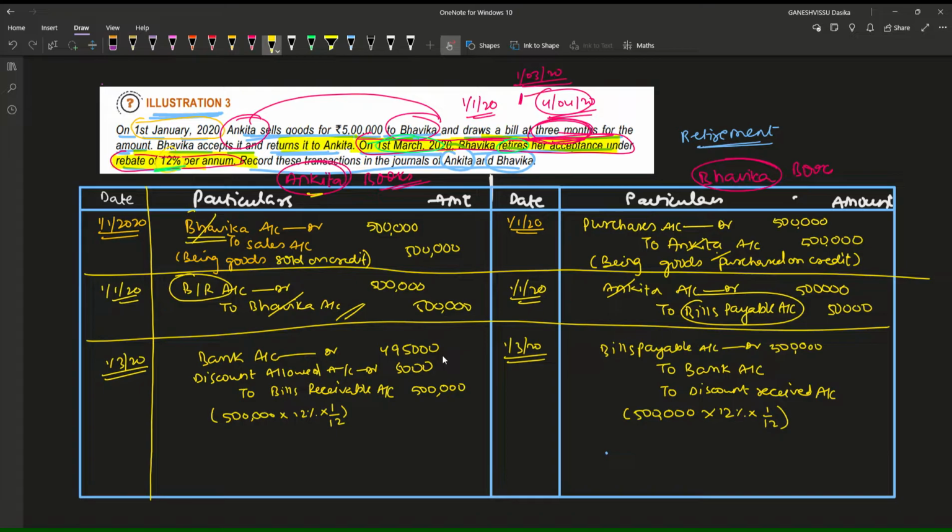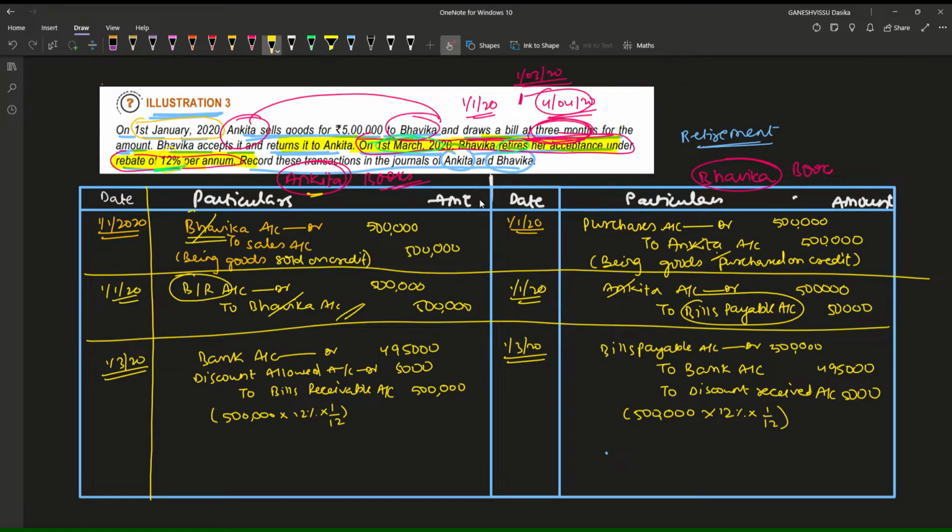Same here also. The amount of money going from Bhavika's books is 4,95,000, and here 5,000 is the discount received. This is how you can write in the books of both the parties.